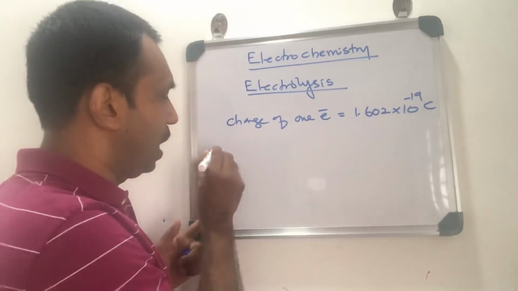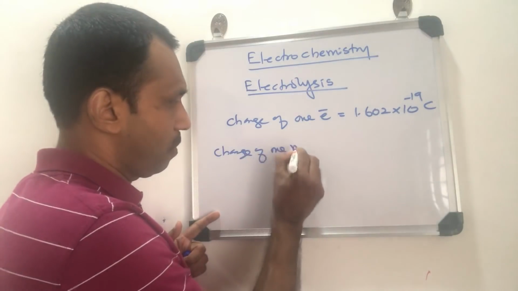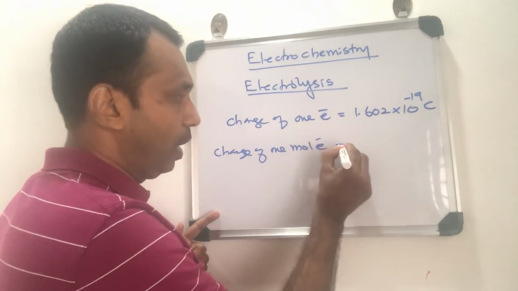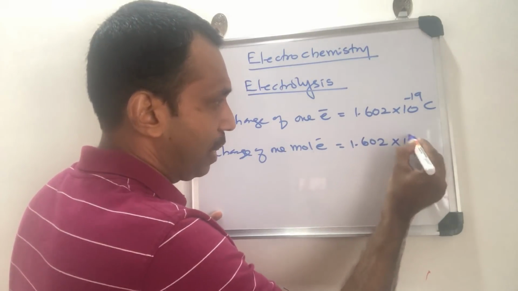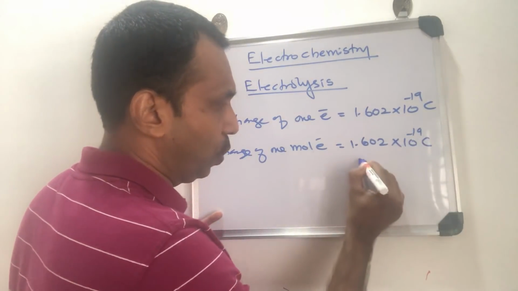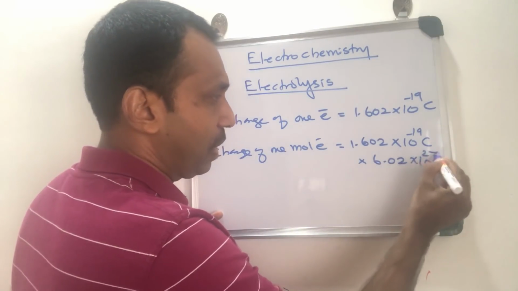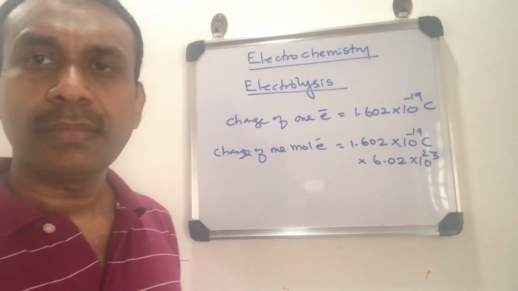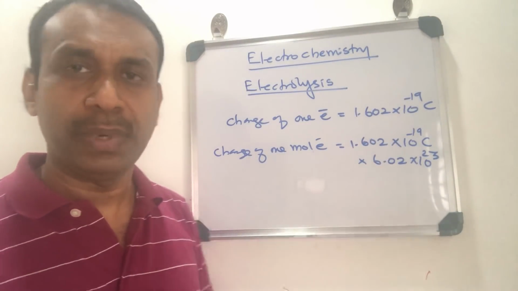Listen, charge of 1 mole electron equals 1.602 × 10^-19 coulomb × 6.02 × 10^23. Multiply the charge of an electron with the Avogadro number.